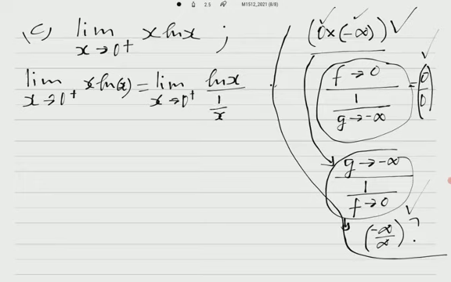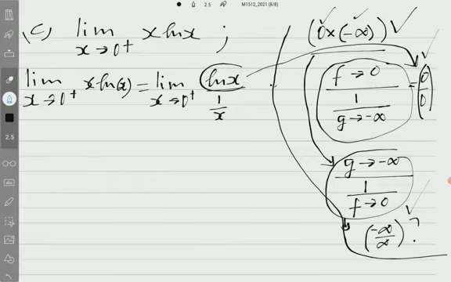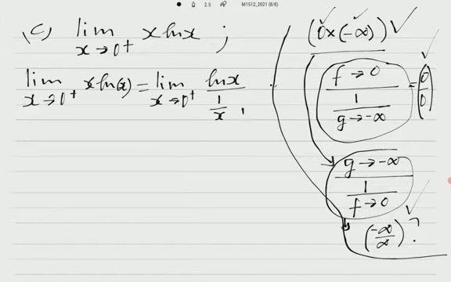Be aware that this function is still the same, but what have we achieved? Now we have achieved to make it 0 over 0. This portion, oh no, we haven't achieved that one. We have achieved to make it minus infinity over infinity.